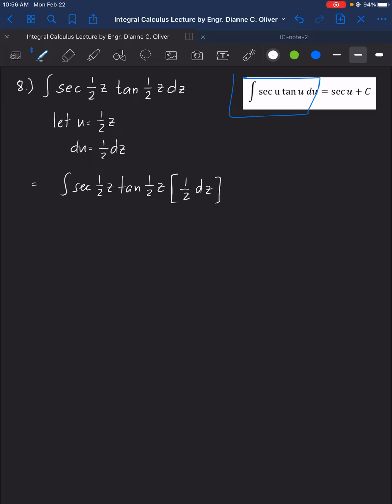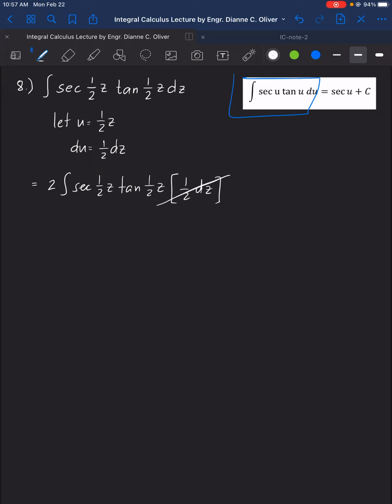And then to balance it, because in the given there's no 1/2 here, we will put a 2 outside the integral sign, so we can cancel out 2 and then go back to the given.